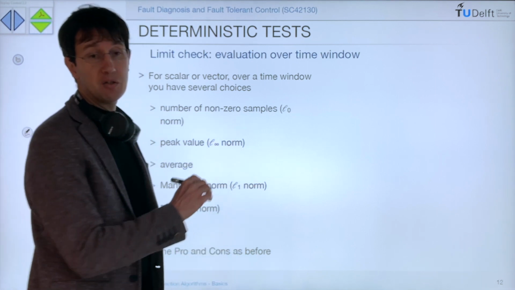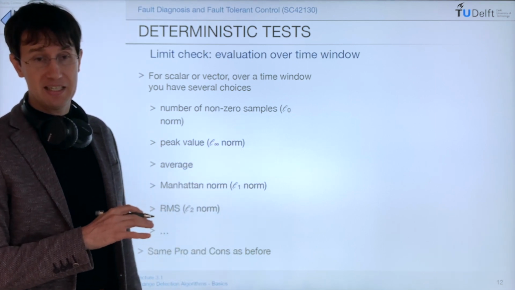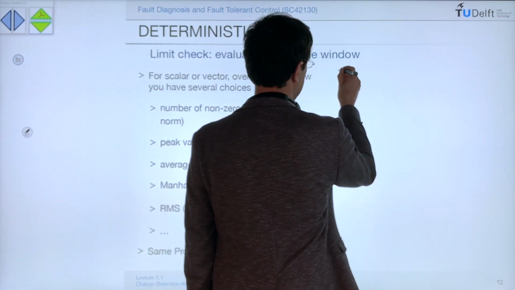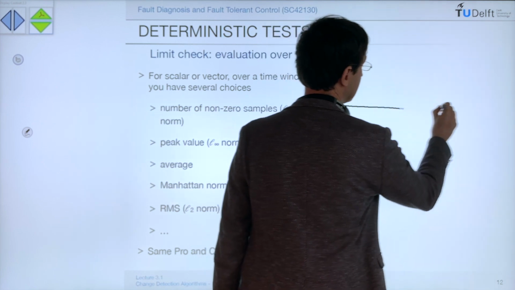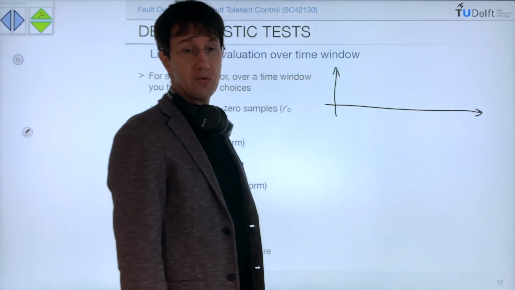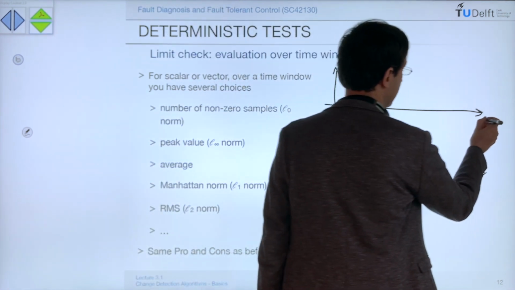So let's go back now to the case of a scalar z, which is easier for me, of course, to draw, because now I need this extra dimension for the time index. So this is the time index, k.